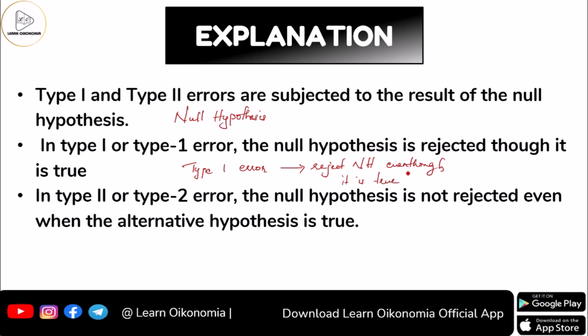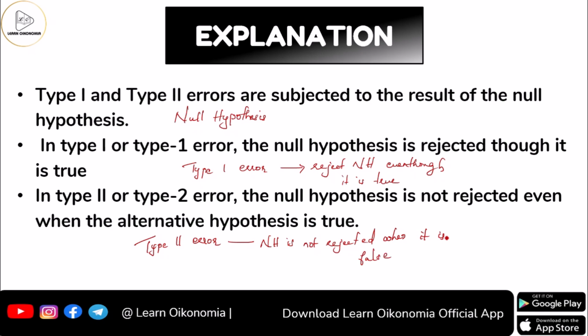Okay. Regarding the type 2 error, what happens is that the type 2 error is something that will be occurring when null hypothesis is not rejected when it is false.